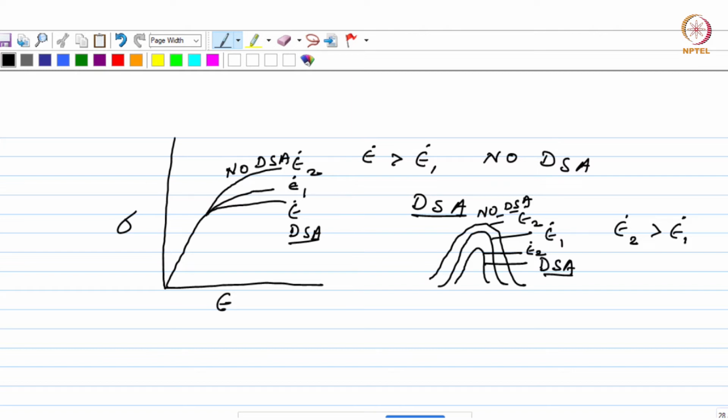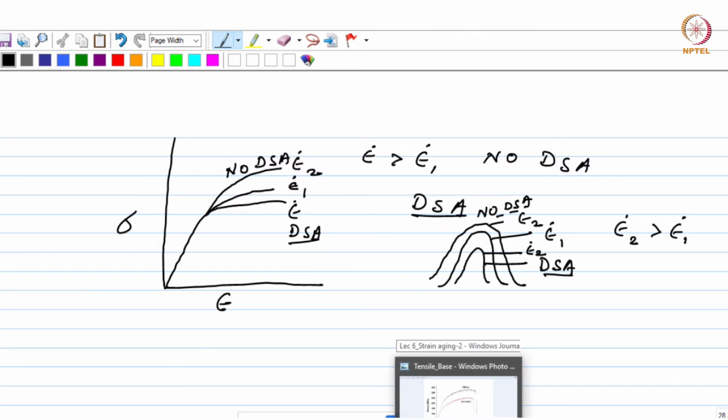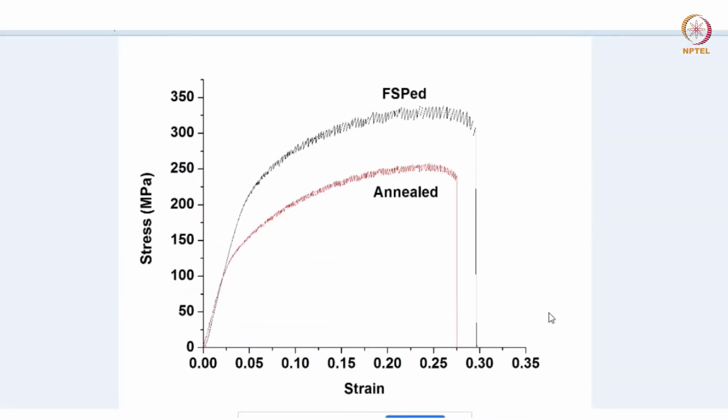But before that, let me show you how these serrations look like. So this is a stress strain diagram for an aluminium alloy, which is 5083. That is an aluminium magnesium alloy. Okay, and here you can see these teeth, these serrations over here across the entire plastic region of this stress strain curve.